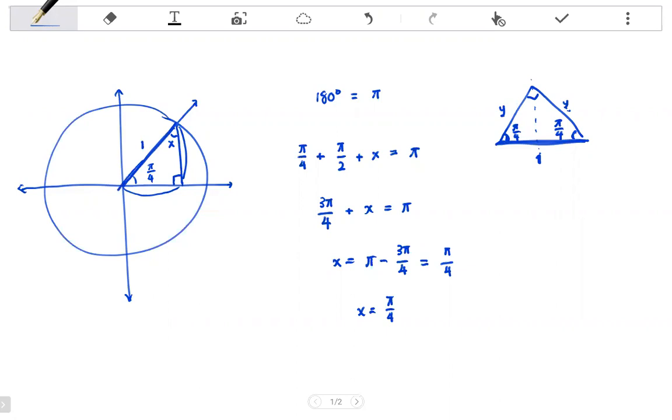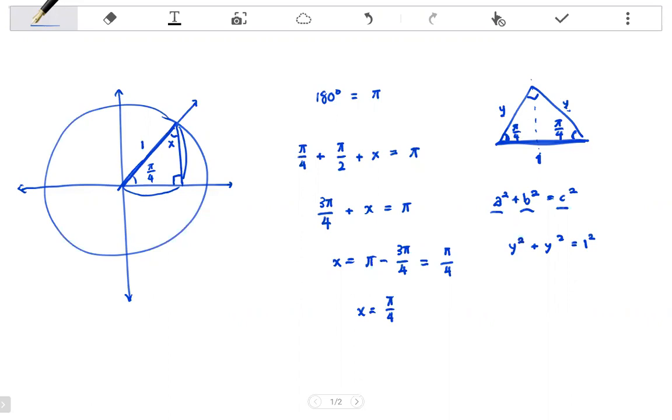Okay, so let's try solving for it then, using the Pythagorean theorem. The Pythagorean theorem tells us that a squared plus b squared equals c squared. So our three sides of the triangle, in this case, it's going to be y squared plus y squared equals 1 squared. Okay, let's try solving for this.